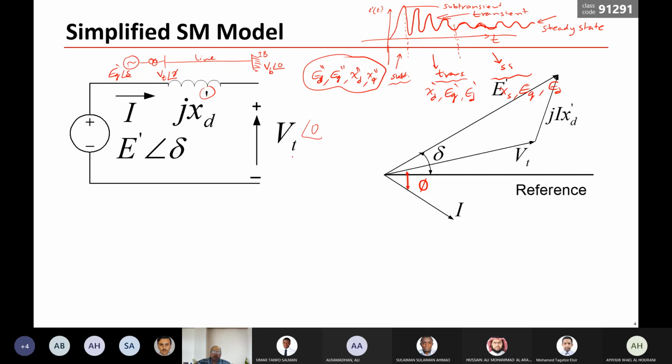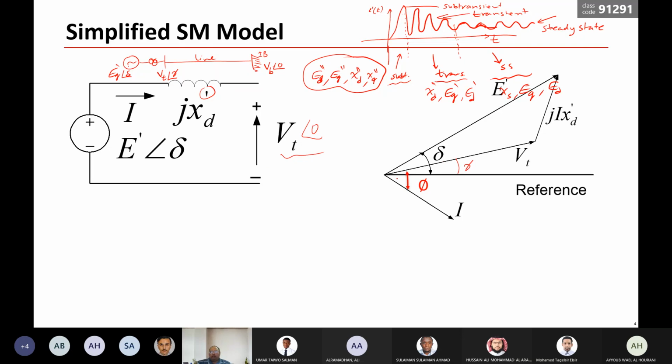It is not necessary to have VT as our reference, especially if you connect to the infinite bus through a transmission line. Assume this is your reference and this is VT. In this case, this angle would be gamma, as we put it here.